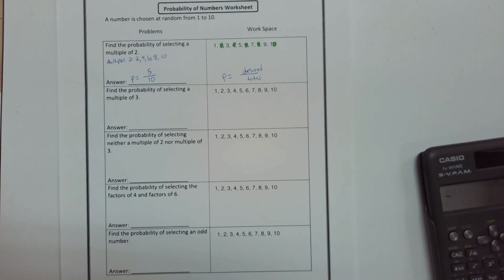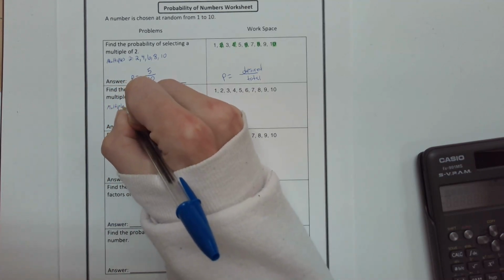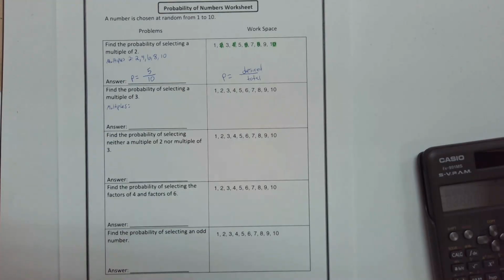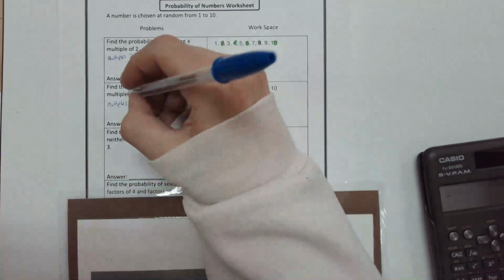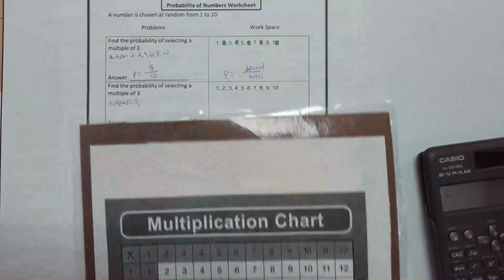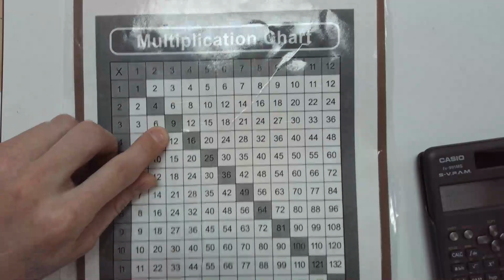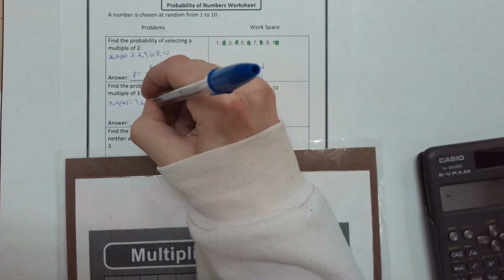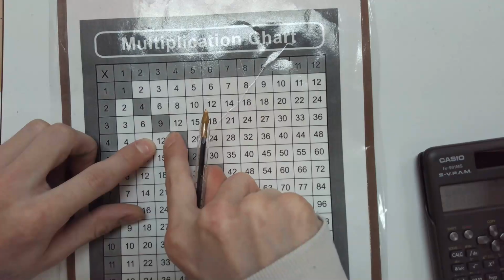For question number 2, find the probability of selecting a multiple of 3. All right, let's find out what those multiples are. Twelve is too big for our set.